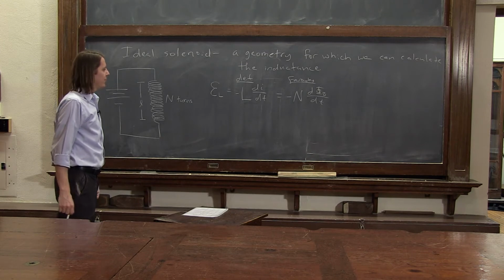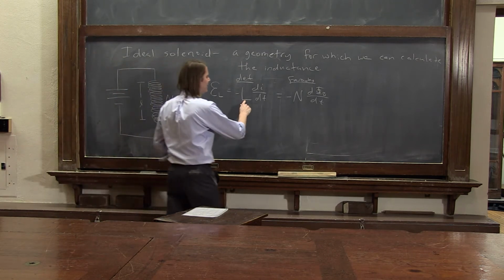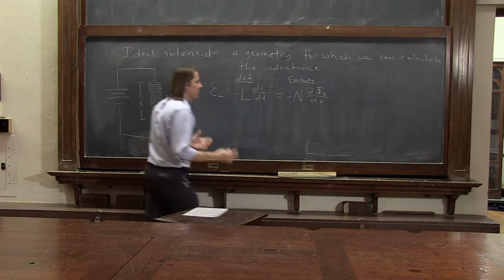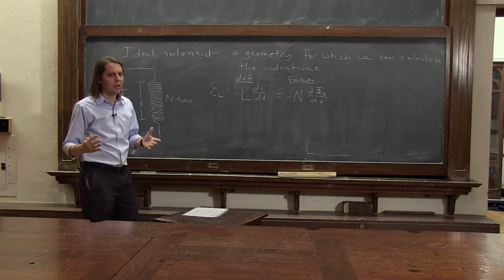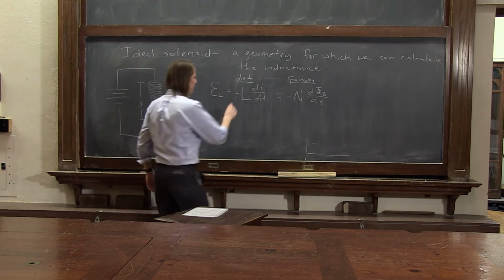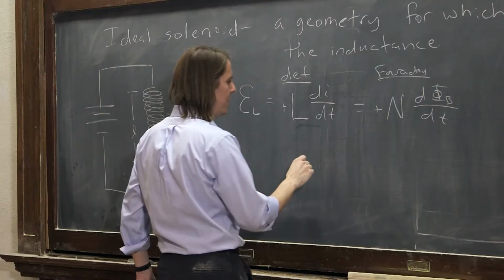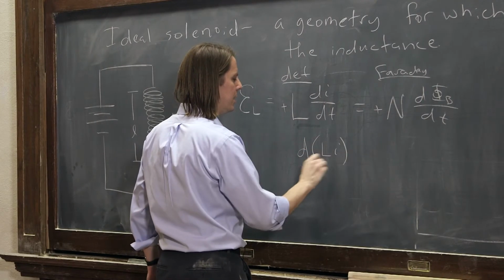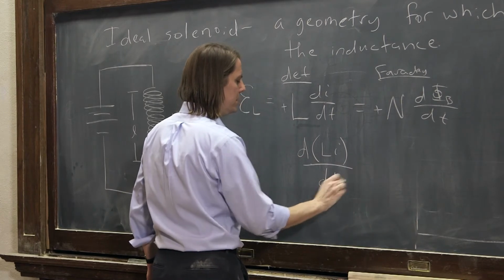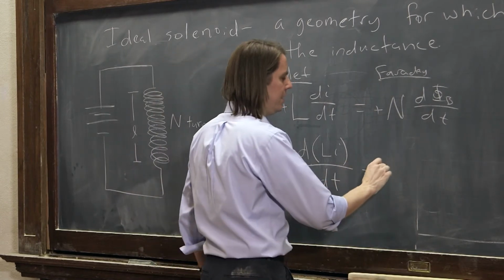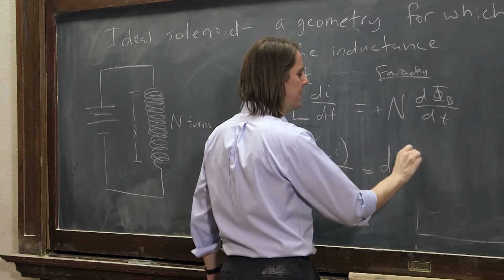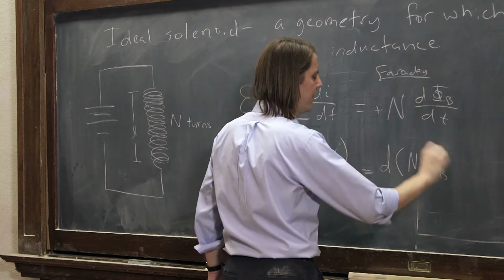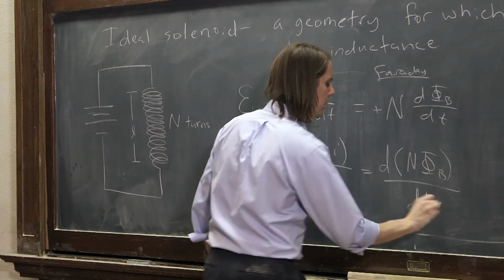So the quickie thing we can do is go ahead and stick these things in the time derivative. We know that they're constant. Let's just stick them in. And we can also just make them both positive to make it pretty. What we'll find is that d of Li dt equals d of N phi B dt.